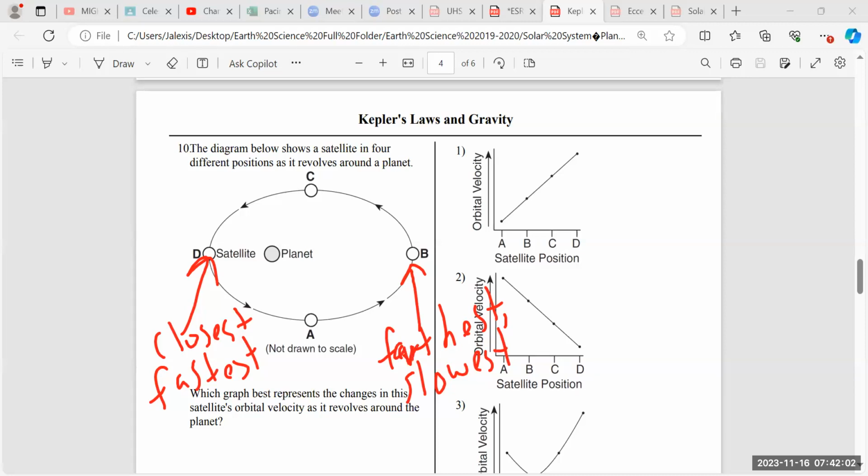So even without looking at anything else, I know that at letter D, I need to have the highest velocity, and at letter B, I need to have the lowest velocity. Letter C and letter A have equal distance.